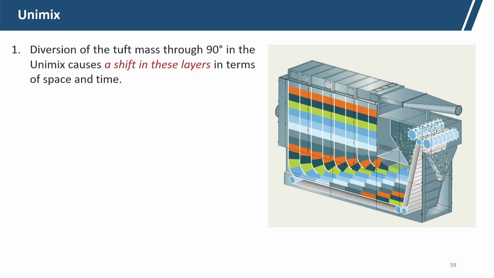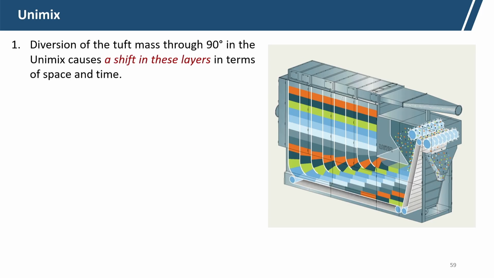Now, we can see here the Unimix. In this chamber you can see the different layers of different fibers stacked. Then the diversion of the tufts of mass is at 90 degrees.